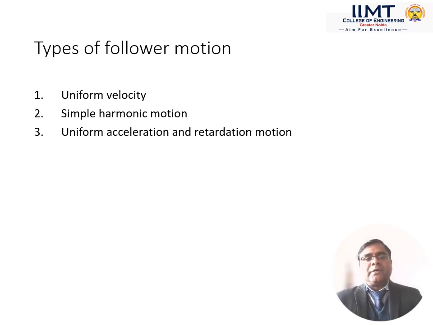So next is the type of follower motion program. We will discuss here only three types of follower motion program: uniform velocity, simple harmonic motion, and uniform acceleration and retardation.